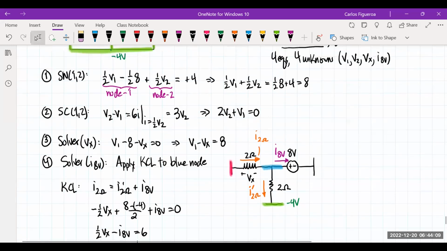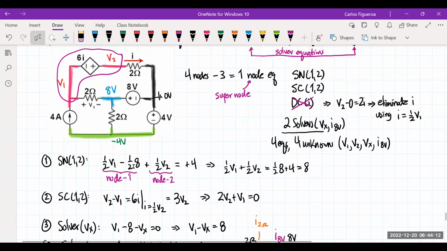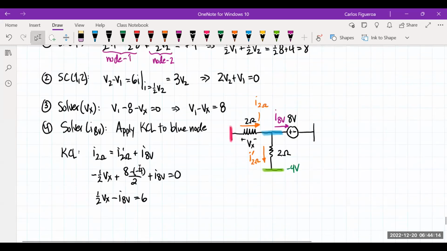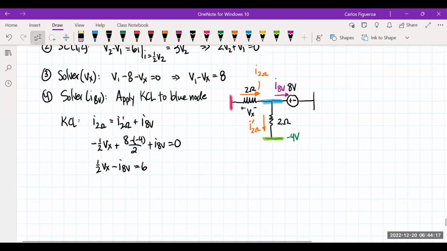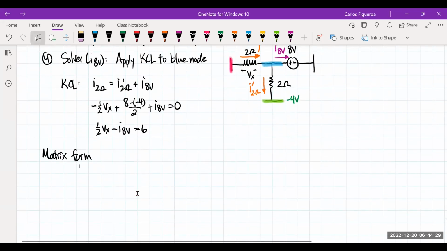So now I have my equations here, right? Now I'm going to put this into matrix form. As usual, I'm going to do the same process. I have V1, V2, Vx, I 8 volt, and then over here, these are my constants.